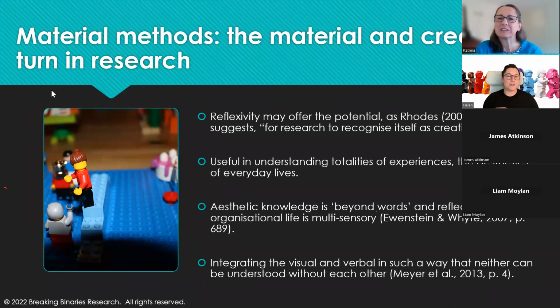So I'm going to talk about creative methods and what's called the material turn, this idea of stuff, of things in research and what it means. And this really goes right back to the beginning when I was talking about moving beyond just textual data and thinking about data in different ways, but also how we generate data and how we construct and reconstruct data with participants, or as researchers with participants, and how that process happens.